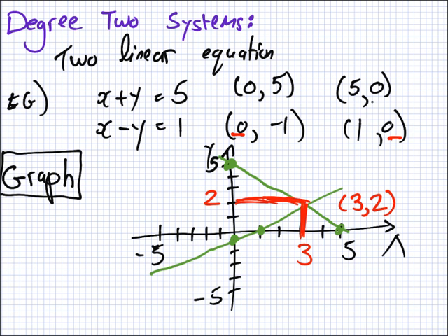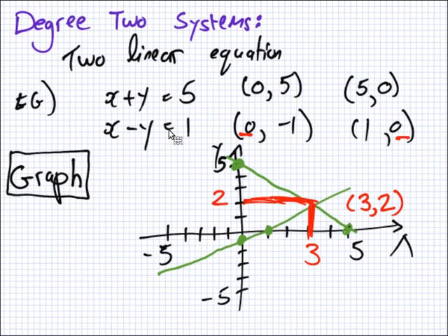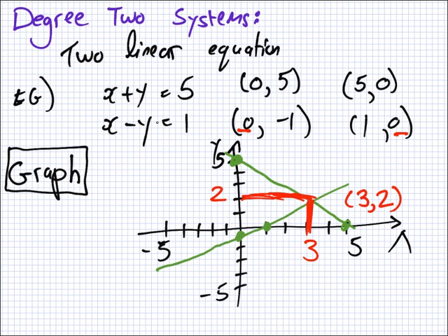That's the first method, the graph method. So is this a good method or a bad method?